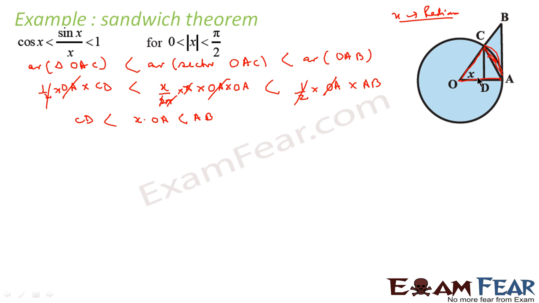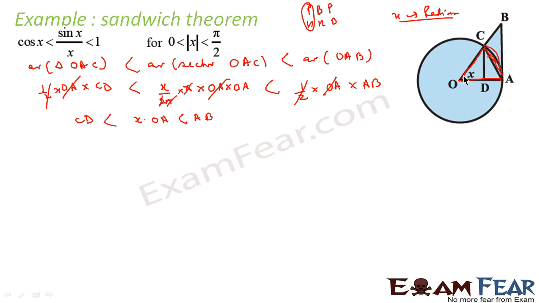So let's try. We'll take this triangle ODC. In this triangle, if you want to find the value of sin x, we know this: Pandit Badri Prasad Hari Bol. So sin x is P by H. P is CD and H is OC.